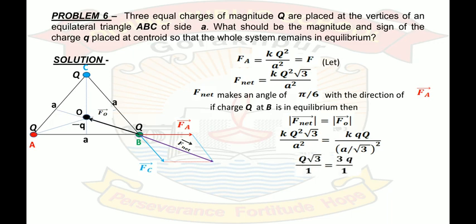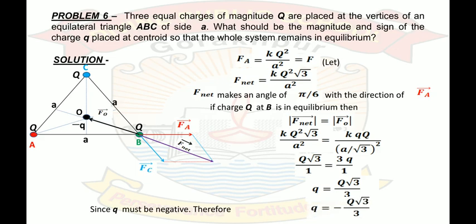Some things will be cancelled out. K and K will be cancelled out. One capital Q will be cancelled out. We are going to have Q under root 3 is equal to 3q upon 1. If we have to solve for small q, the small q will be equal to Q under root 3 upon 3. And we know that q must be negative, and therefore q is equal to minus Q under root 3 upon 3. This will be our final answer.